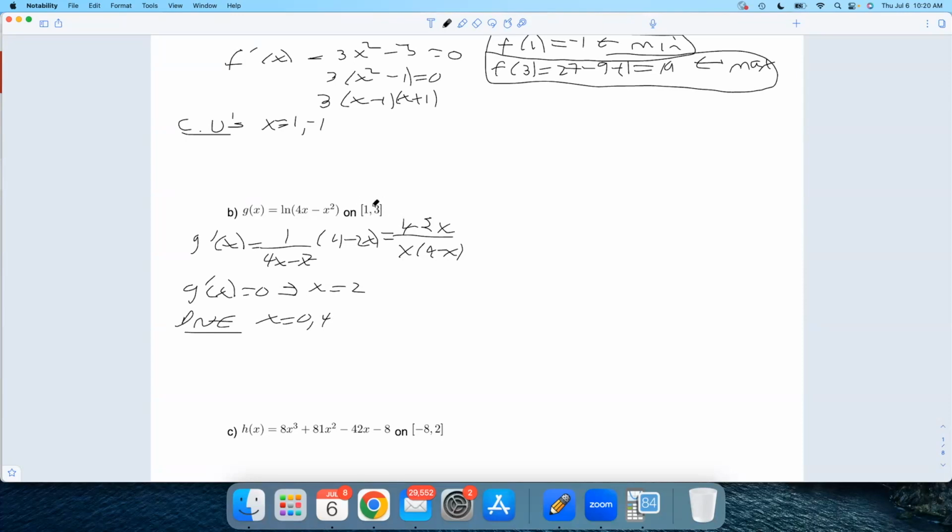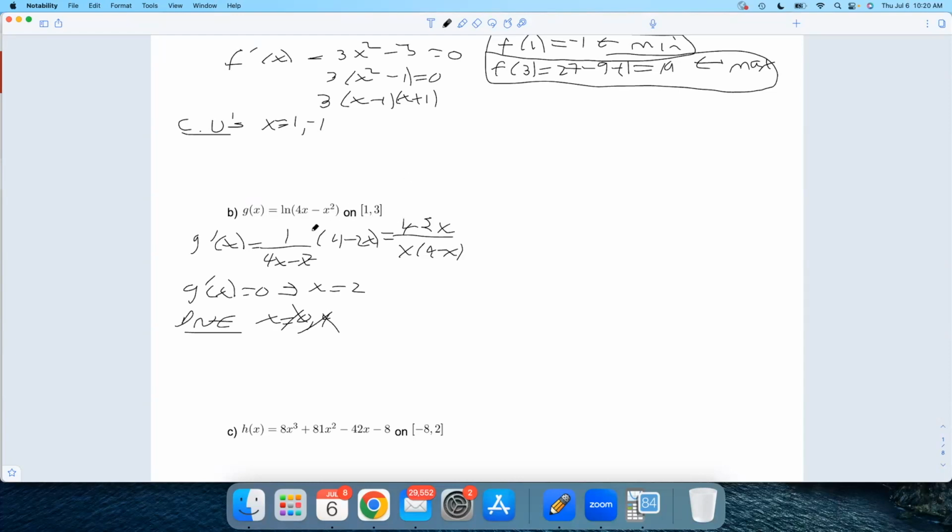0 is not even in my interval, so I don't care about that one. I do care about this one. So I need to check all of these values in the original if they exist. Oh, 4 is not in my interval either. Never mind. I only care between 1 and 3.